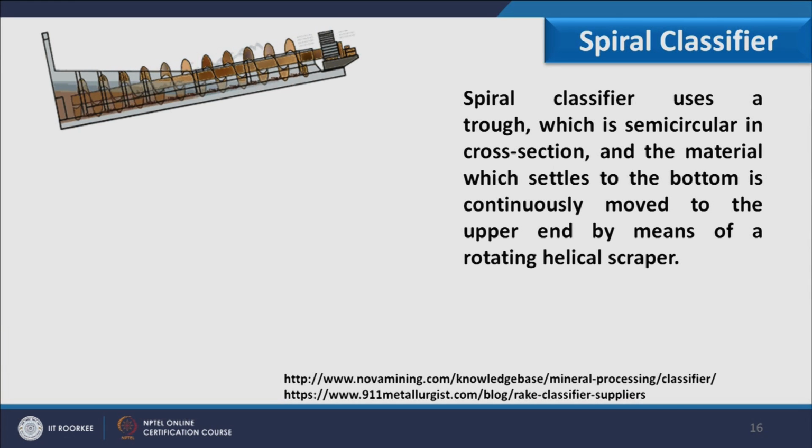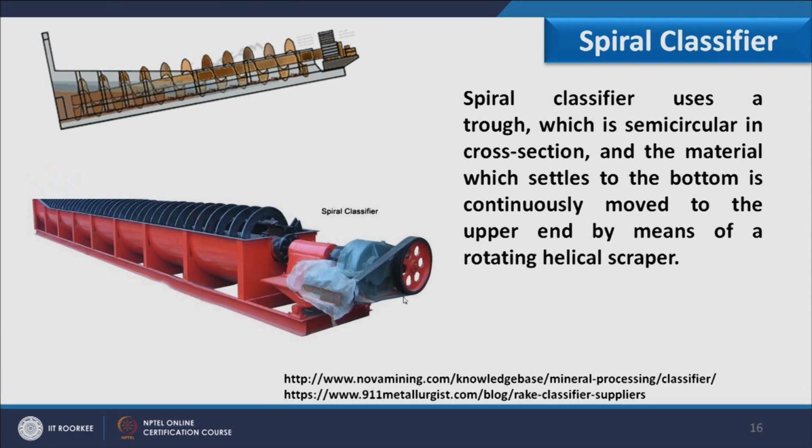This kind of classifier is called a spiral classifier, which is semicircular in cross section, and material which settles to the bottom is continuously moved to the upper end by means of a rotating helical scraper. This screw kind of structure we call a helical scraper, and this is the photographic view of it. If you want to study spiral classifier more, you can visit these two links.